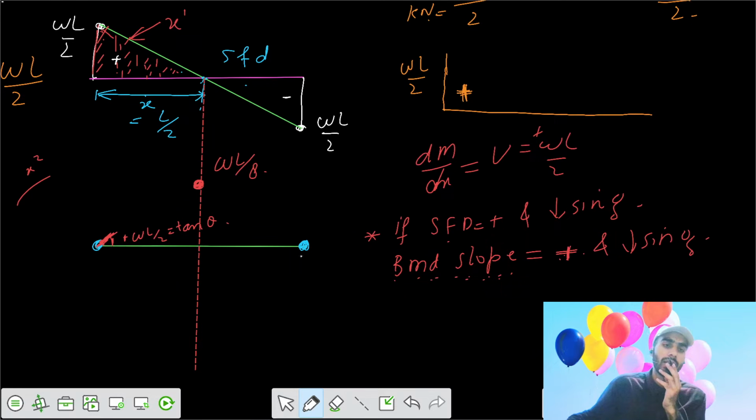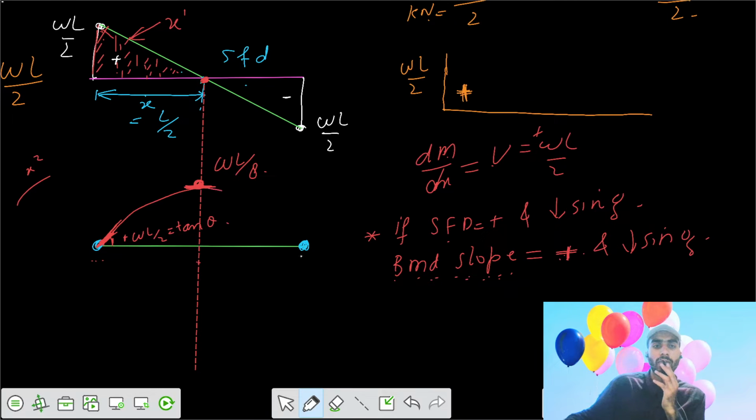How can you decrease a curve when it goes from x equals 0 to length L by 2? That means the slope here is maximum. As we know, if shear force is 0, that means the slope is also 0 here. At the mid, the slope has to be 0. It's parallel to the reference line.